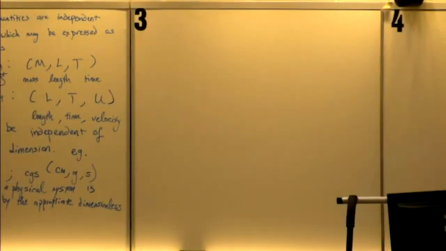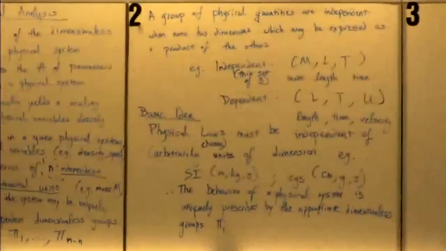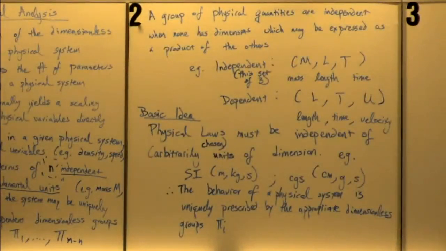You guys need more time with that? So the next thing, I'm going to give you a step-by-step process that uses Buckingham's theorem to figure out how many groups you have and what they are. The book spends a large amount of time using this method of arbitrary exponents, and I think it's really belaboring the point.